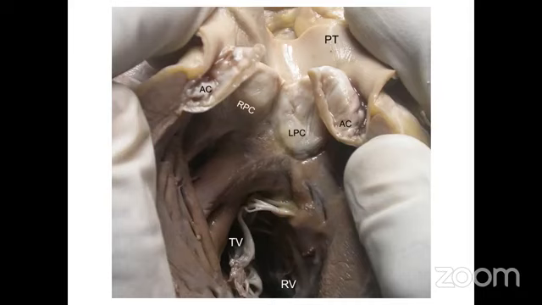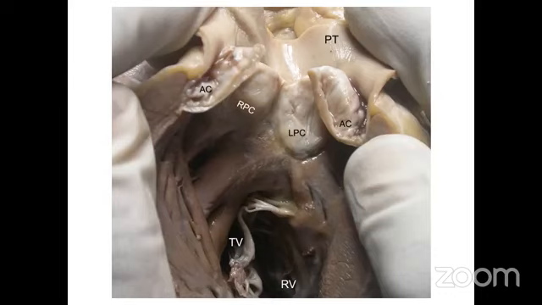And you can see that the tricuspid valve is normal. So this is not an example of an acquired pathology, but this is a congenital anomaly. And this thickening, when seen as a congenital anomaly, is called pulmonary valvular dysplasia.